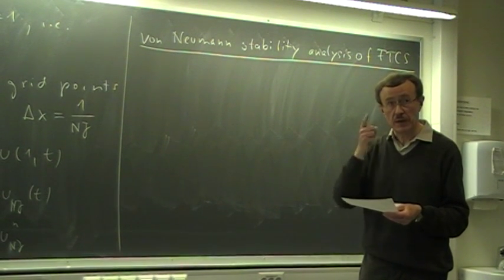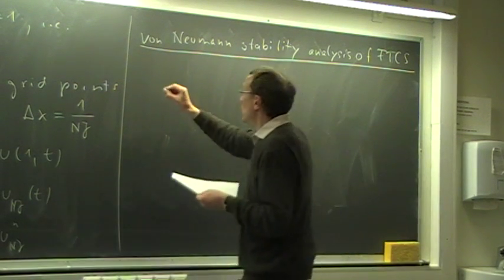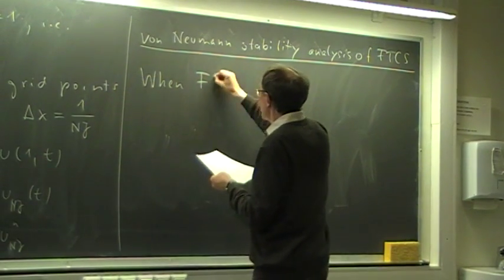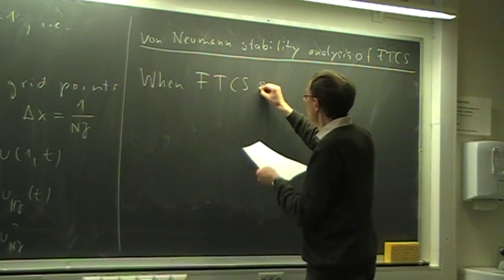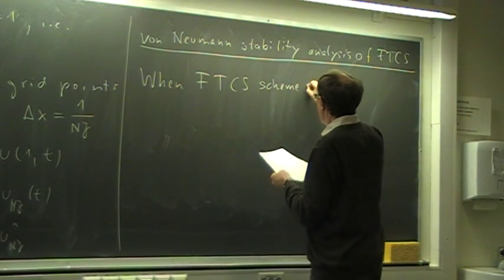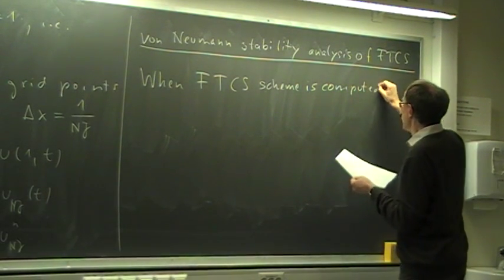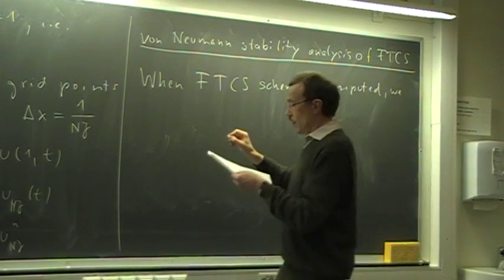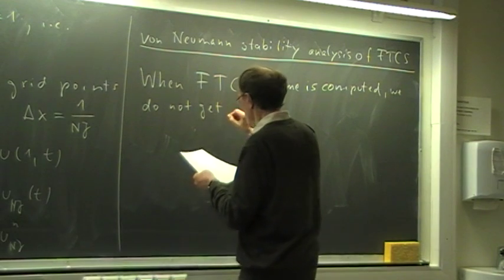We have discussed it and done an exercise on that in the first exercise. Here we look in particular at the forward time centered space scheme. So what I write here for that scheme is valid for all schemes.